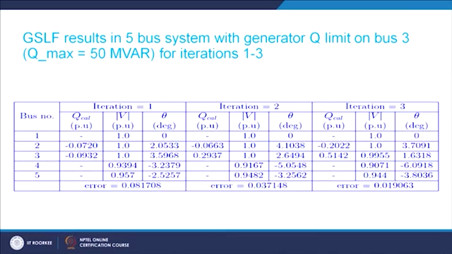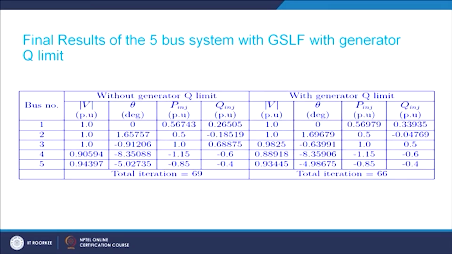If we keep doing this calculation again and again with the same convergence criterion, that is 1.0 into 10 to the power minus 12, this particular algorithm converges in 66 iterations.